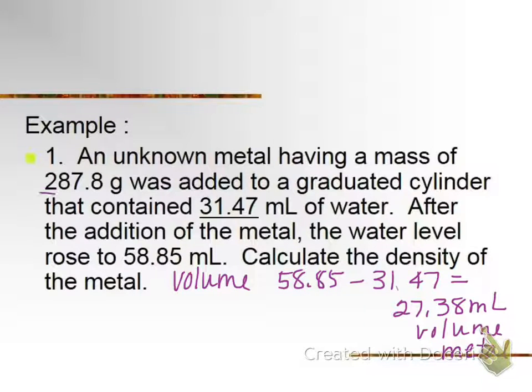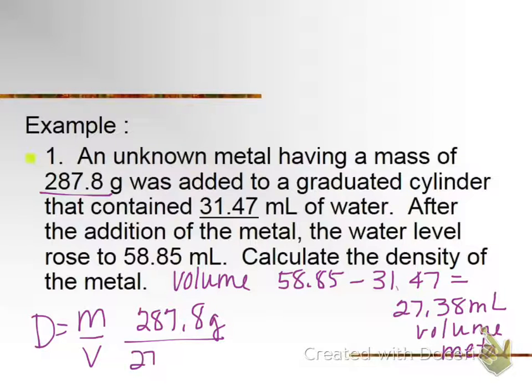It gave us grams right here, so now we can simply do mass over volume. Plug in our numbers: we have 287.8 grams divided by 27.38 milliliters.